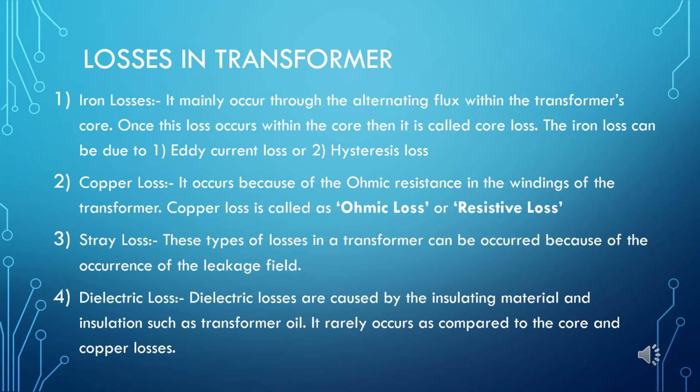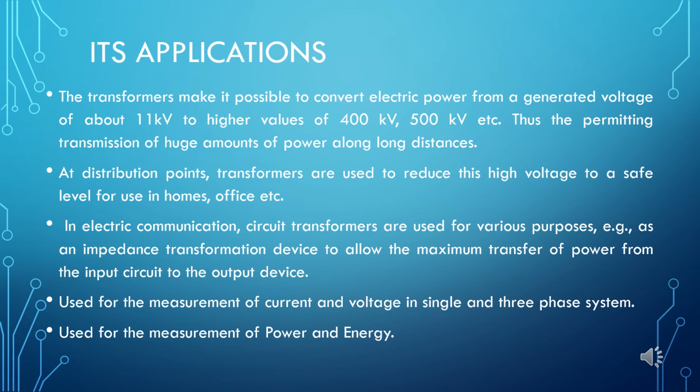That's why it is also called ohmic loss or resistive loss. The stray loss occurs in the transformer because of the leakage field. The dielectric loss is caused by the insulating material such as transformer oil. It rarely occurs as compared to the core and copper loss.